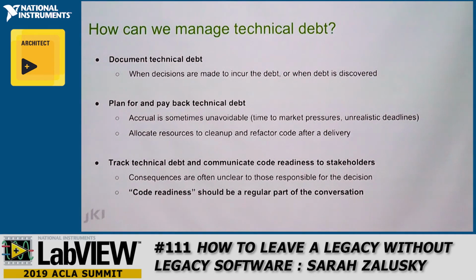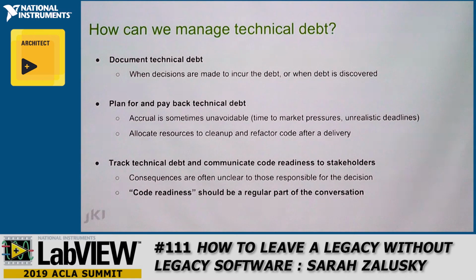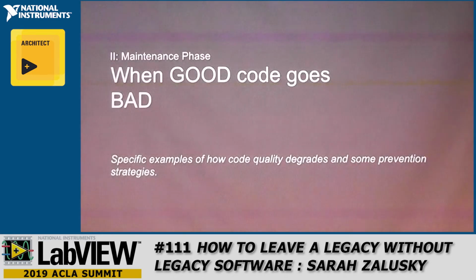So it's great if we can close that knowledge gap a little bit and make this concept of code readiness part of our regular conversation with everybody. And one of the things that we can do is strive to make sure everyone involved in decision making has at least a rudimentary understanding of maybe what the software architecture looks like, and they can have a heads up when there is a huge accumulation of technical debt.